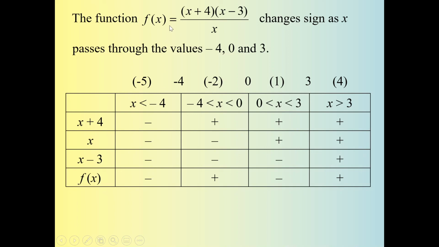Lastly, f(x) equals (x + 4)(x - 3) divided by x. We are going to use the signs: negative divided by negative times negative will give us a negative sign. Similarly, we have positive here, we have negative here, and we have positive here.